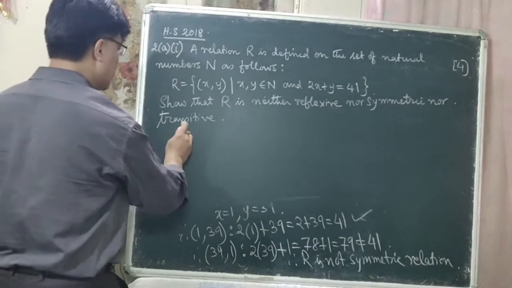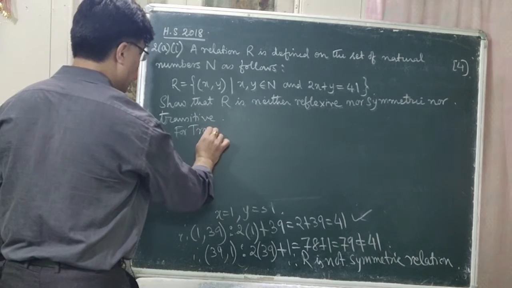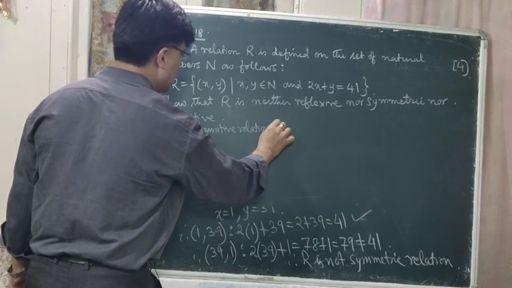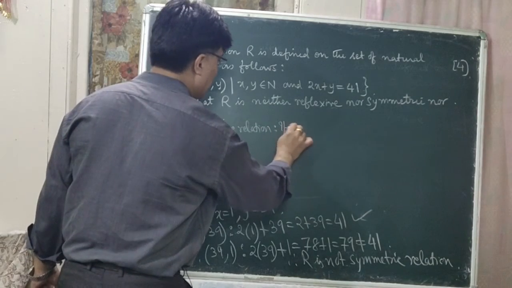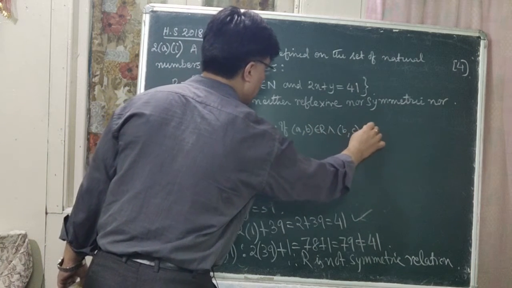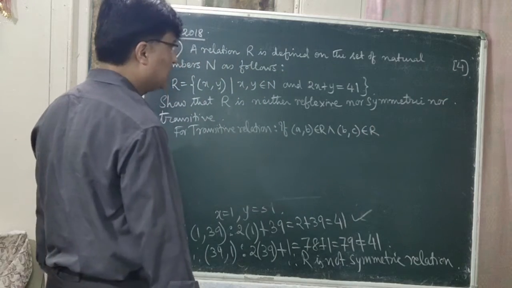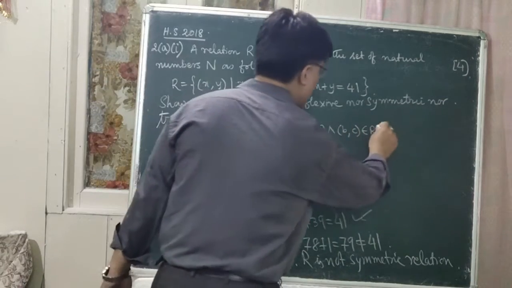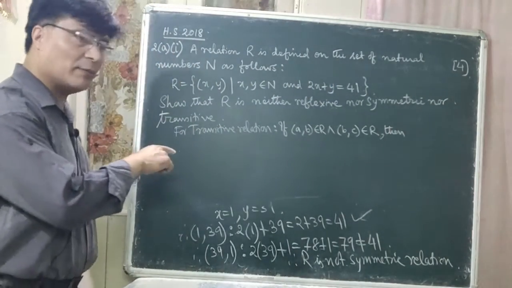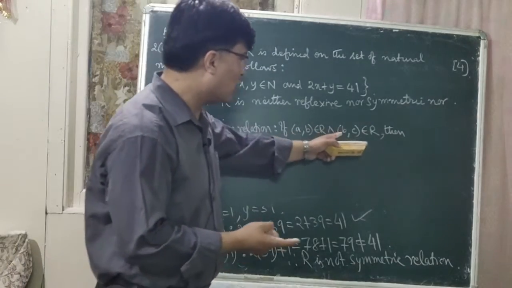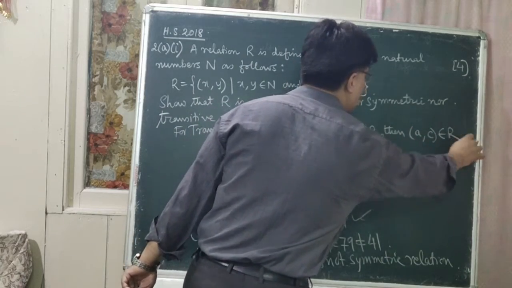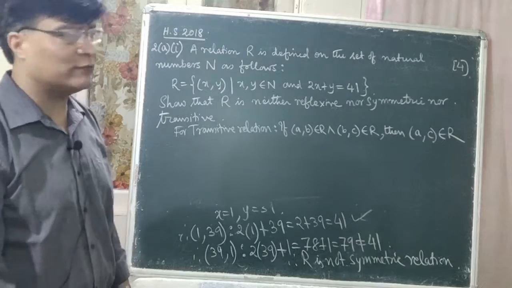What is the definition? If A comma B belongs to the relation R and B comma C belongs to the relation R, then A comma C should belong to the relation R. Then it is a transitive relation.